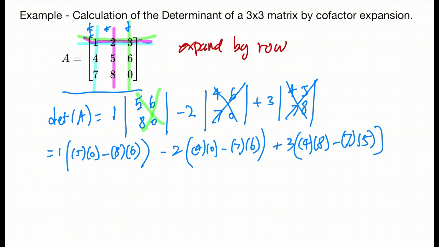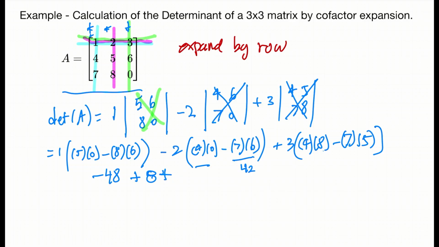Okay, so 5 times 0 is 0, and then 8 times 6, that's going to be 48, and it's going to be a minus sign, so that's minus 48, this first term. Let's go to the second term. So 7 times 6 is 42, that's a 0. 2 times 42 is 84, and it's going to be a minus times a minus.